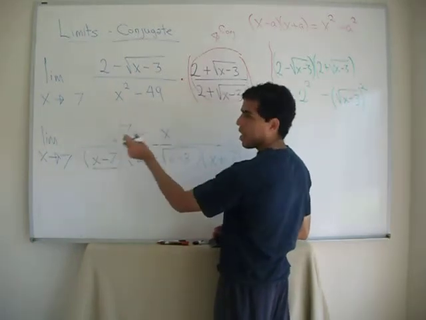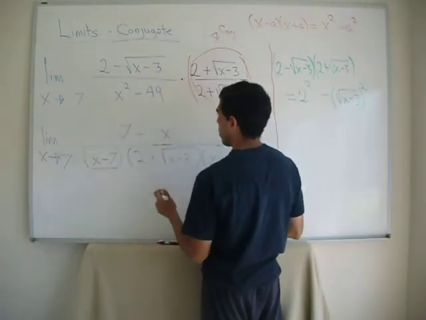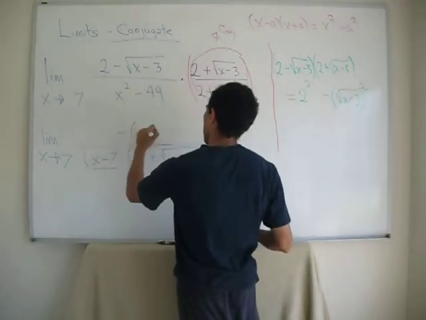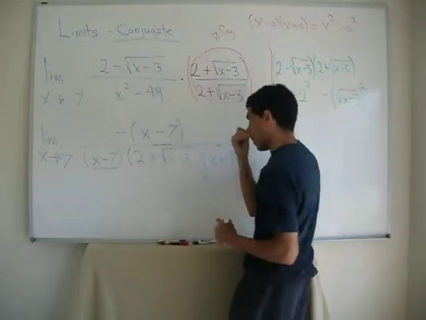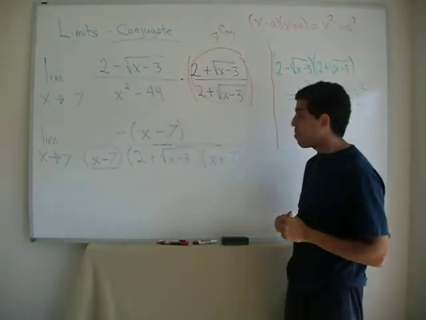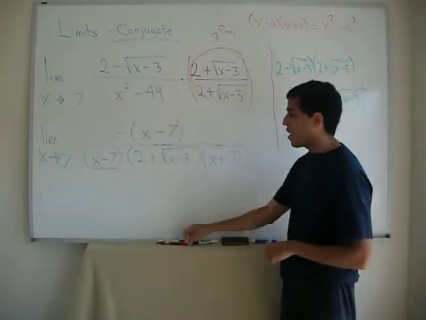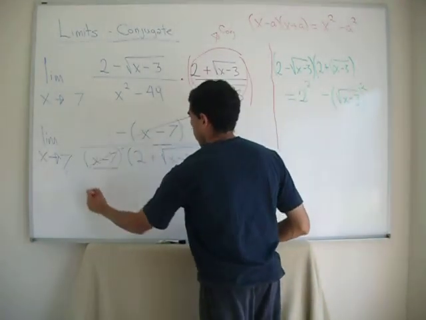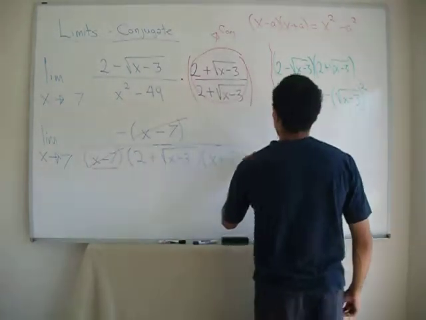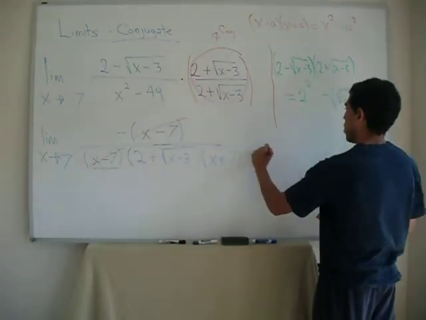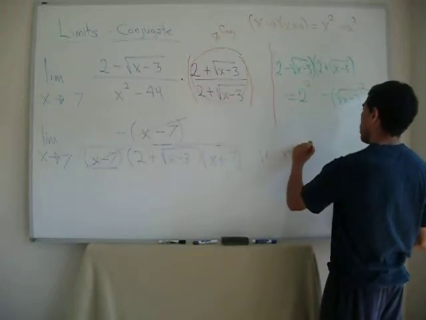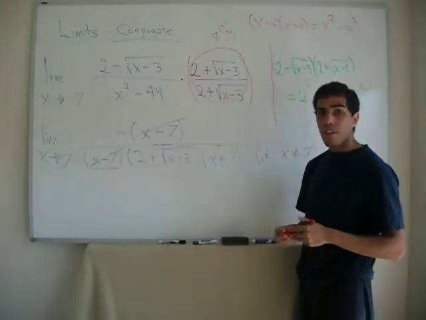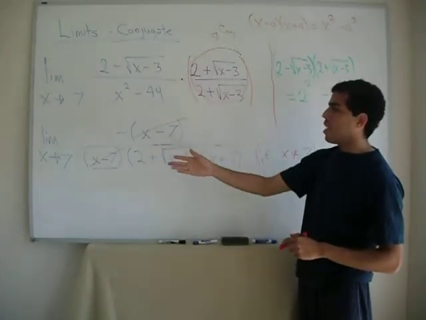We can extract the minus 1 common factor, and this is rewritten as minus x minus 7. Whoa! I can now get rid of the indetermination because this cancels this if x is not 7, which indeed is not. So, I got rid of the indetermination.